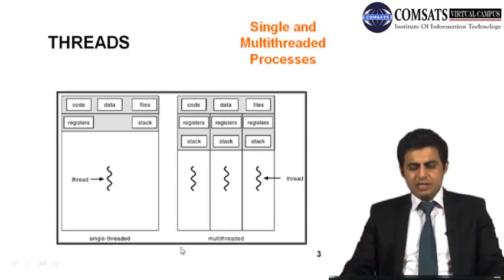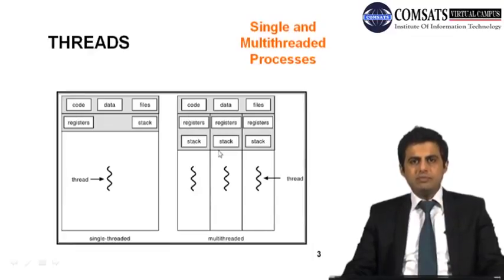But if you look at a multi-threaded system, there you have code, data, and files being shared by all the threads, but they have their own registers and stack, as I told you before. In this multi-threaded system, code will be shared by all these three threads, and the data will also be shared.